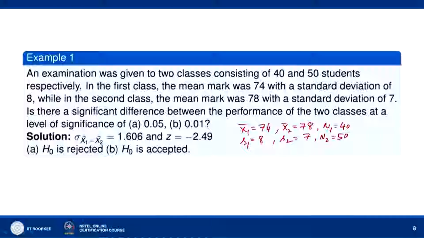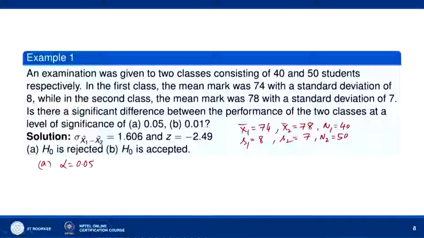Now, we are to decide, is there a significant difference between the performance of the two classes at a level of significance 0.05, 0.01. So, let us first consider case A. Here alpha is equal to 0.05.